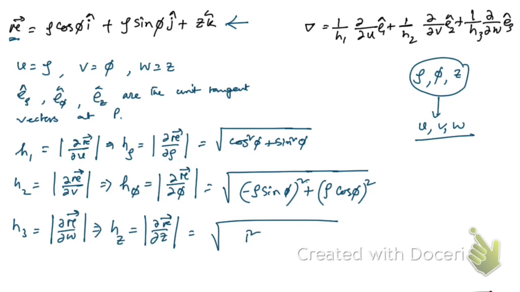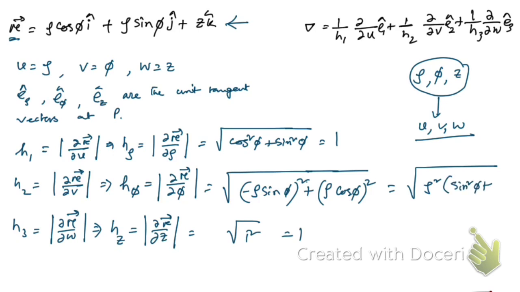Here cos square phi plus sin square phi is also 1, so h rho is 1. And taking rho square common, inside we have sin square phi plus cos square phi, which is again 1. So h phi is root of rho square, that is nothing but rho. Hope you have understood this.